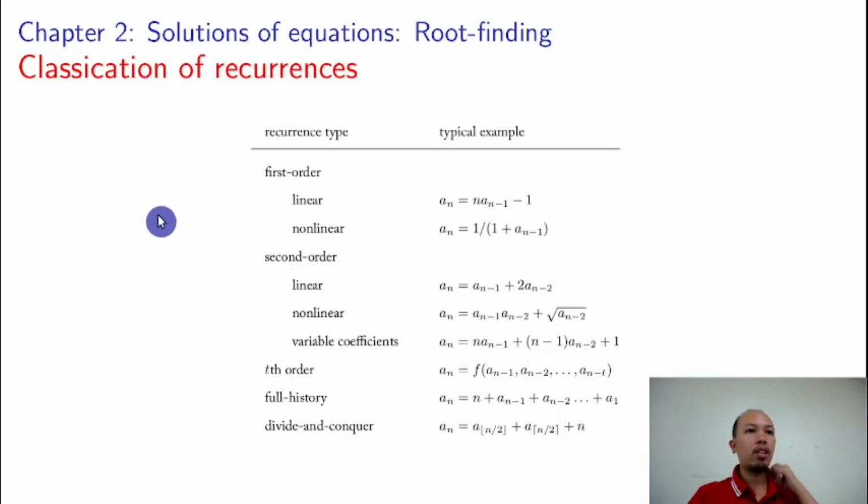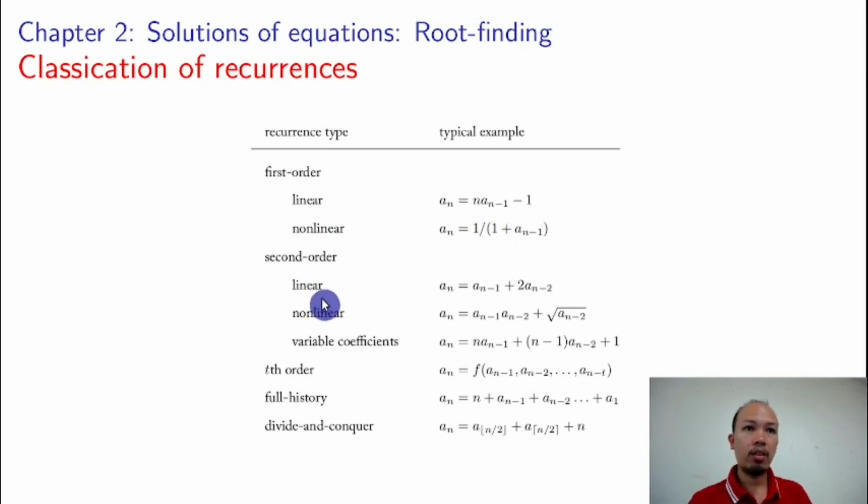Okay, these are the classification of recurrence. Recurrence type, first order: this is an example, linear, non-linear. This form is linear but homogeneous; it is non-linear if you have a fraction or multiplication involved.